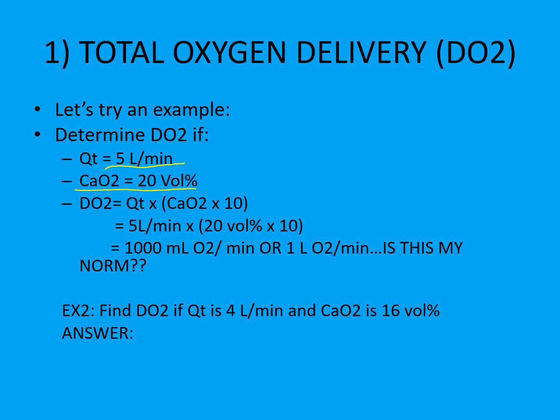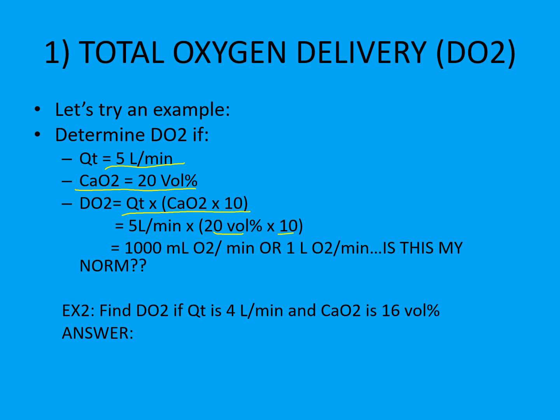So a normal CaO2, and this is the calculation: cardiac output times CaO2 times 10. Remember, CaO2 times 10 is in the parentheses, so we're going to do that first. Normal CaO2 is 20 volumes percent times our continuous 10, so this would be 200, because remember, we're just adding a 0 to this.